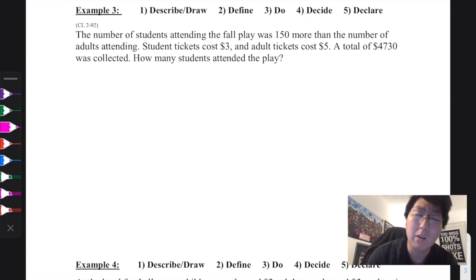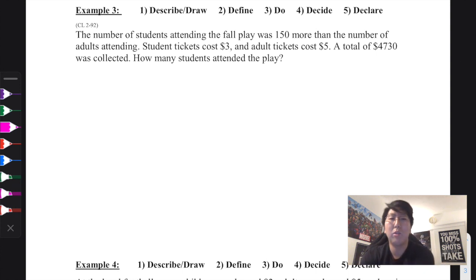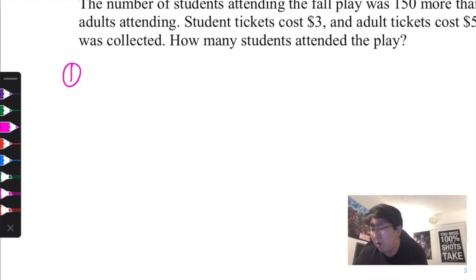So here we have characters where we don't have portions described. We have the number of students attending, but we don't know the number of adults. So we'll start here. Well, what is the describe and draw? What is this about, right?